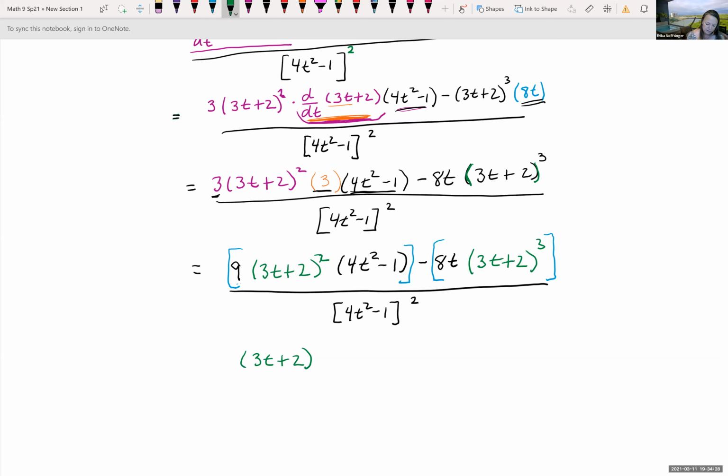We're pulling out the most they have in common, and the most they both have in common is 2 of them. So if I pulled that out of the first grouping, it no longer would be there. I would just have that 9. And I would also have this parentheses 4t squared minus 1.